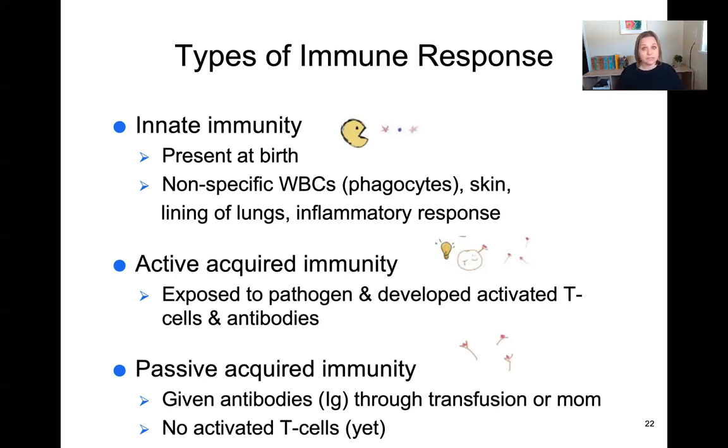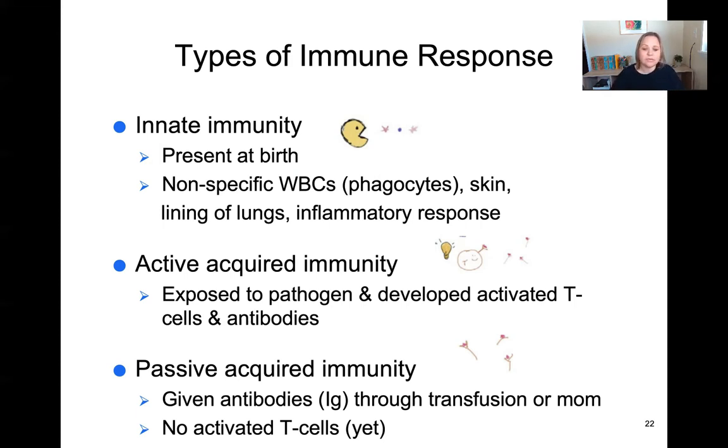You have your skin to protect you from external infections and foreign invaders. You have the lining of your lungs, and you have your inflammatory response. These are all very non-specific. They're not related to a specific viral attack or bacterial attack. They're just general. That's called your innate immunity. It's what you're born with.